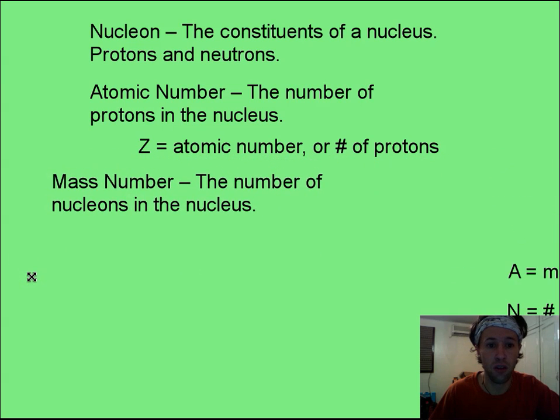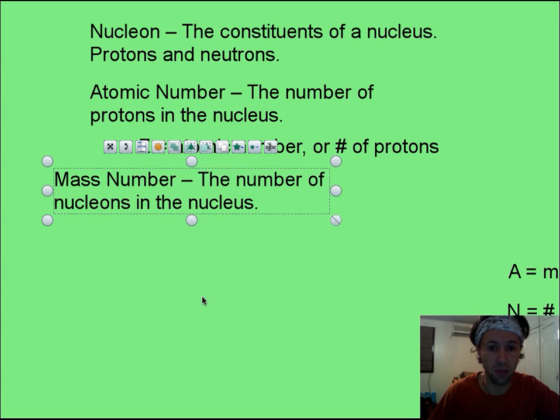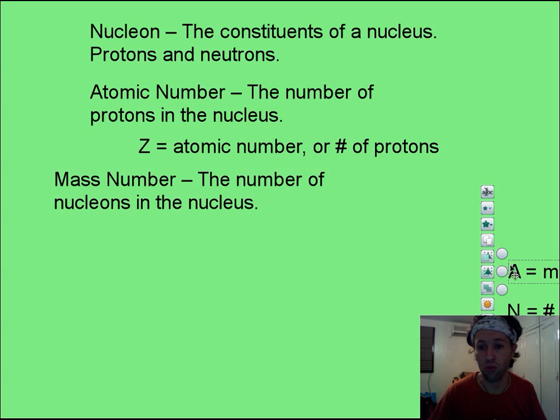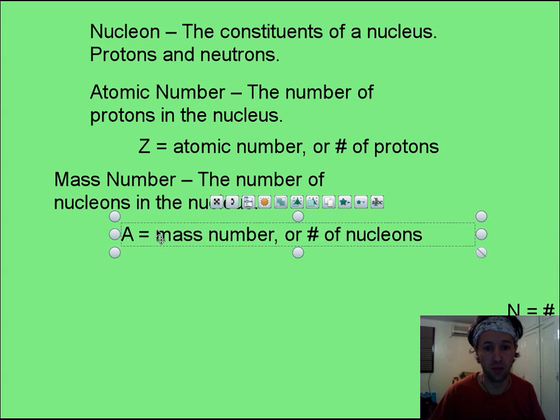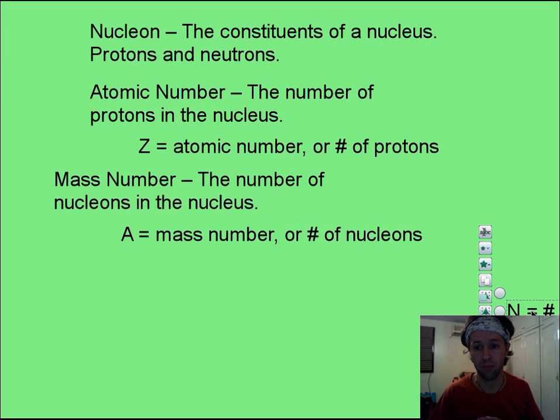Now, another important thing though is the mass number. That's the total number of nucleons. You've got your protons and your neutrons stuck together. The symbol we use is a capital A to represent mass number, or the number of nucleons.